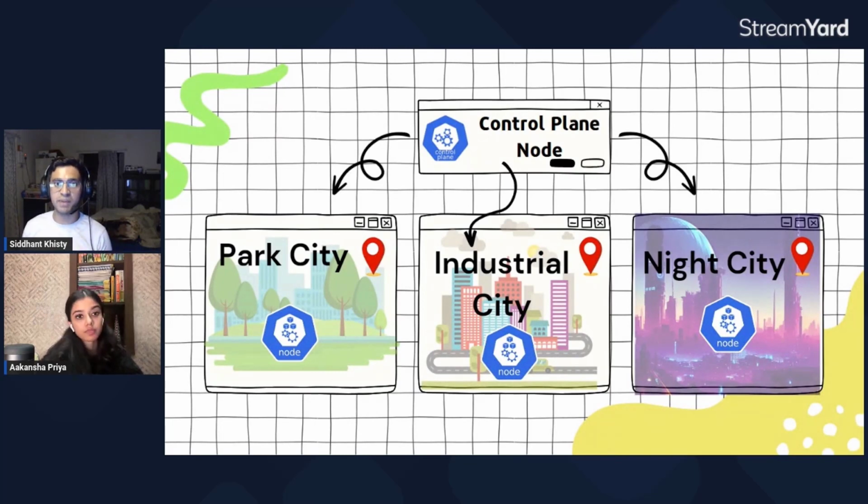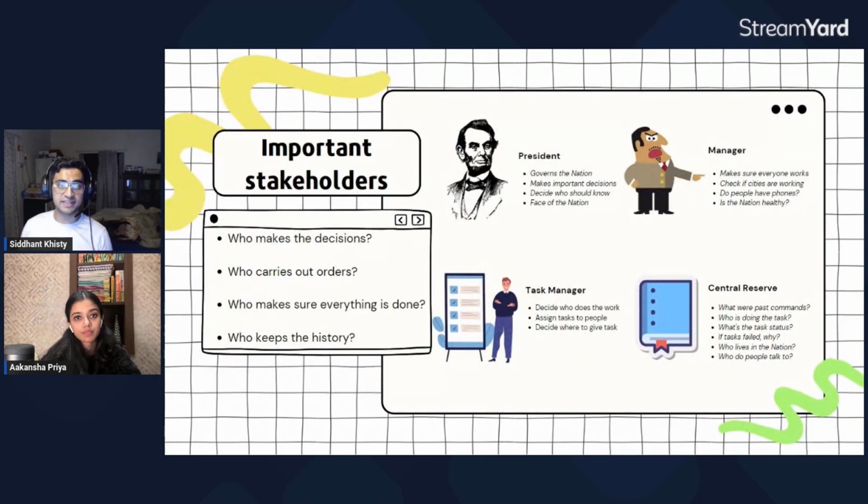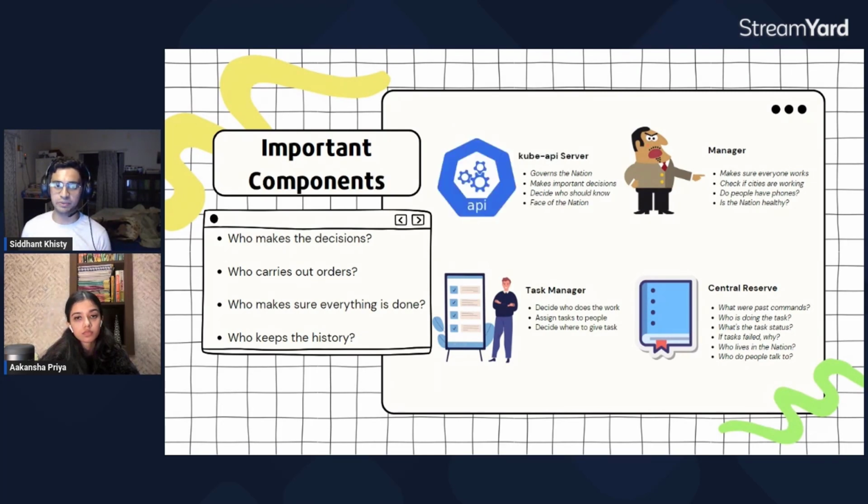Again, at the start, we mentioned that containers are just a box that do something, right? Now let's see what exactly these important components within Kubernetes are, the components that pretty much govern the entire cluster. So let's start off by replacing our president with something that we call the Kube API server.